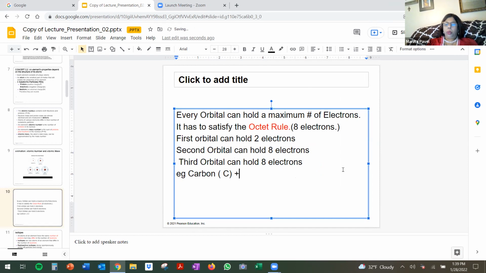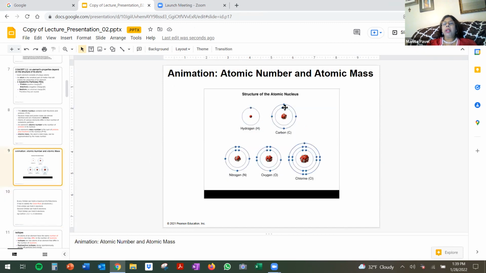It would be equal to 2 in the first orbital. 6 minus 2 would be 4. So carbon has 2 and 4 electrons. Therefore, it tells you that you have to draw 2 orbitals. The first orbital is the orbital adjacent to the nucleus. It holds 2 electrons, no more than 2, maximum 2.